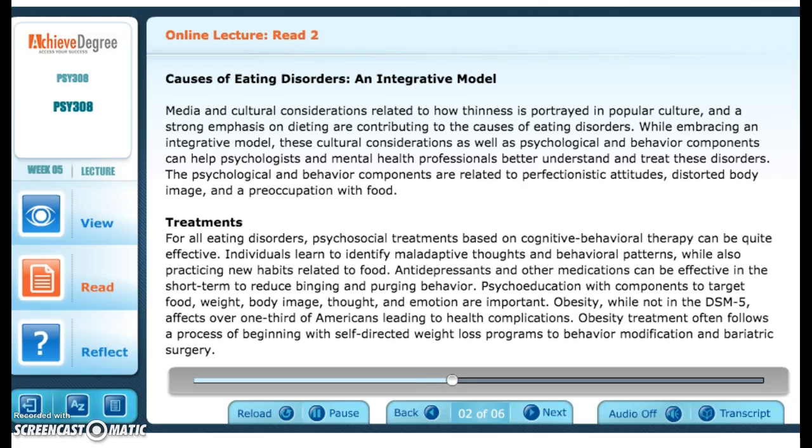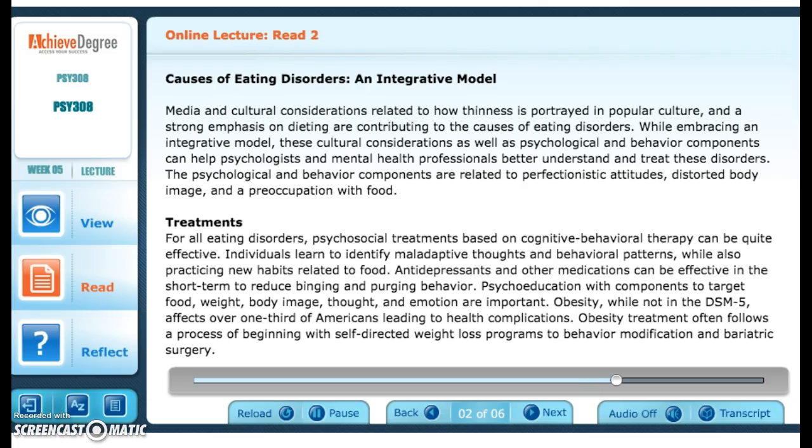Treatments. For all eating disorders, psychosocial treatments based on cognitive behavioral therapy can be quite effective. Individuals learn to identify maladaptive thoughts and behavioral patterns, while also practicing new habits related to food. Antidepressants and other medications can be effective in the short term to reduce binging and purging behavior.